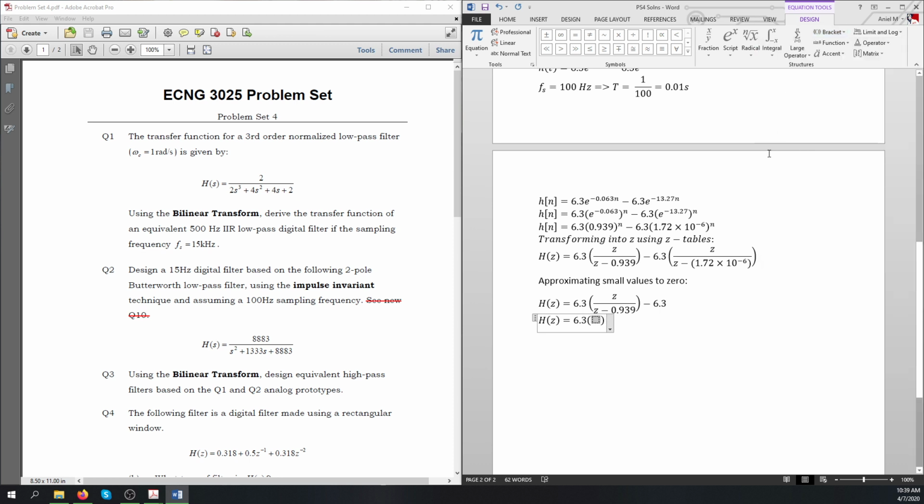So if we expand this out, we get z minus z plus 5.92 into z minus 0.939, which will be equal to 5.92 divided by z minus 0.939.